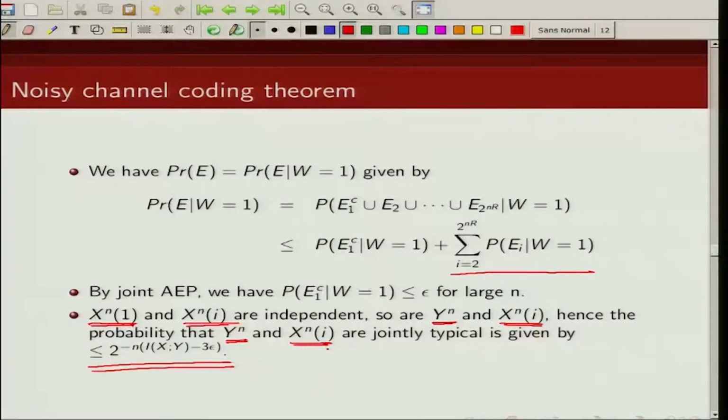This also follows from the property of jointly typical sequences, which we proved in the previous lecture. So when X^n(i) and Y^n are independent, the probability that they are jointly typical is upper bounded by this.